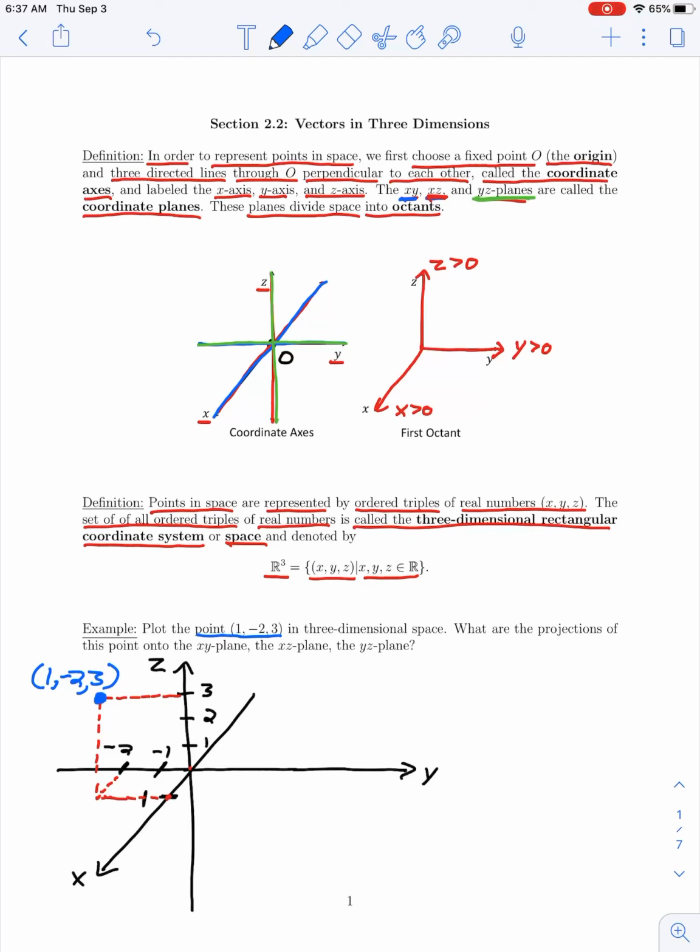So if we're looking at the projection down onto the xy plane, well, we see within the plane defined by the xy axes, we would have this point where our x-coordinate was 1, our y-coordinate is negative 2, and since we're in the xy plane, that means our z-coordinate would be 0.